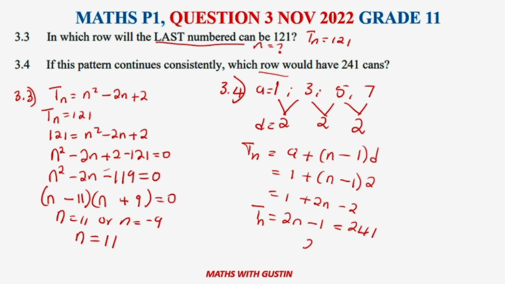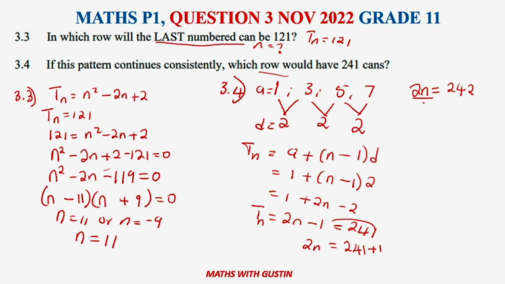Therefore our Tn should be equal to 241. We can easily solve for n: 2n minus 1 equals 241, take 1 to the other side, which gives us 2n equals 241 plus 1, which is 242.